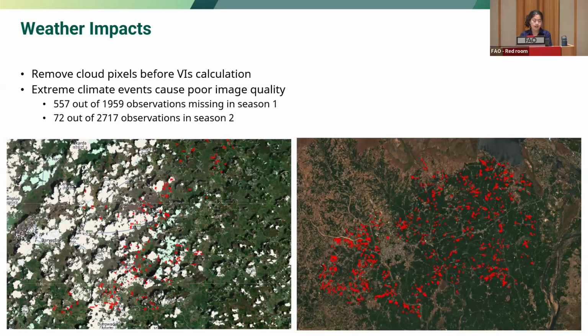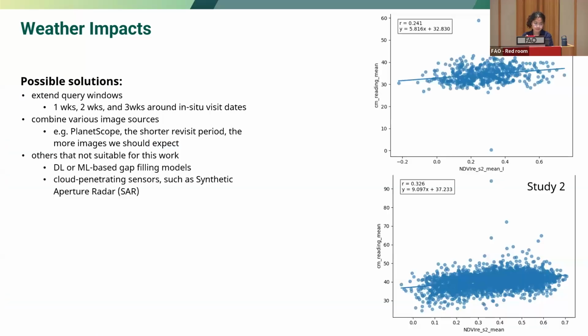Lots of fields are fully covered by cloud, as shown on the left. After removing the cloud pixels, more than 500 observations were missing. Compared to study 2, on the right, the in-situ collection was done during the dry season. So the cloud contamination was very minimal and only 72 observations were missing.